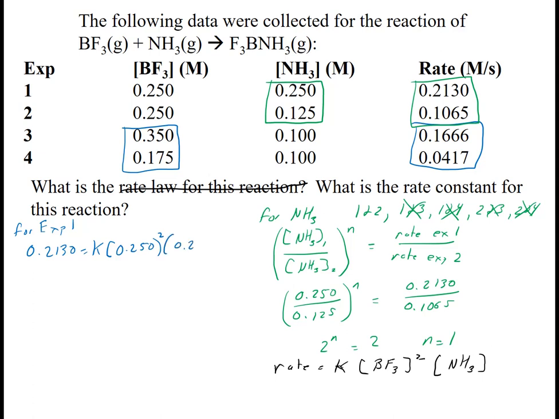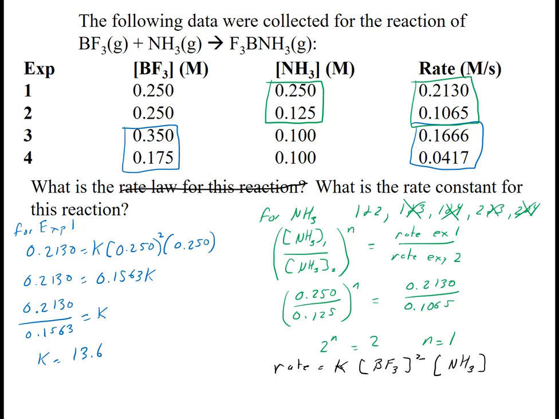So I have 0.2130 is equal to 0.1563 k. I divide both sides by 0.1563, so 0.2130 divided by 0.1563 is equal to k. And so k is equal to 13.6.